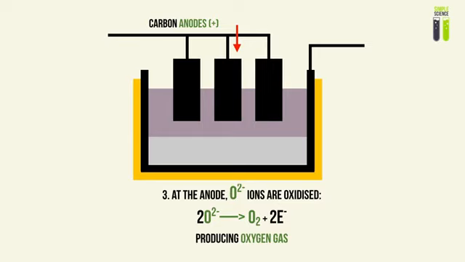Now at the anode, the O2- ions, or oxygen 2- ions, will be oxidized. They will give up the negative charge. So proportionally, 2 O2- ions will lose 4 electrons to form a diatomic molecule of oxygen gas. So at the anode, oxygen gas will be produced.